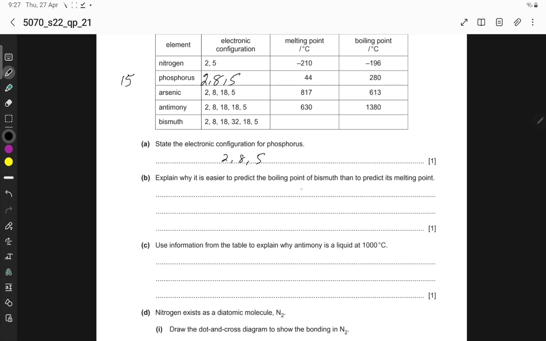Explain why it is easier to predict the boiling point of bismuth than to predict its melting point.